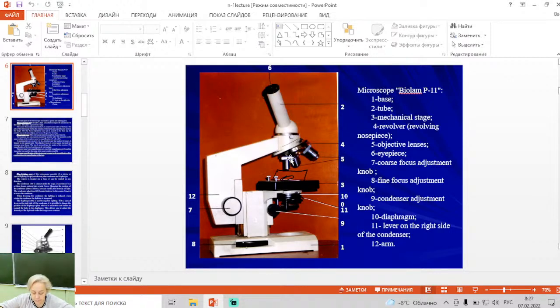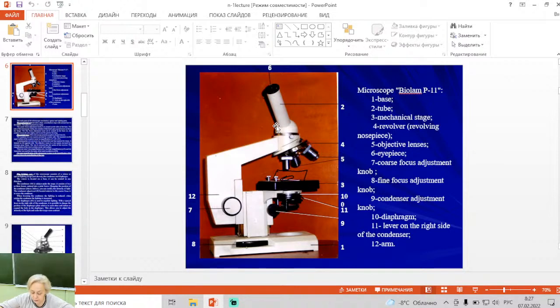After that, place the slide on the stage so that the object is in the center of the hole under the objective lens. Look into the eyepiece. At the same time, slowly rotate the coarse focus adjustment knob toward yourself.